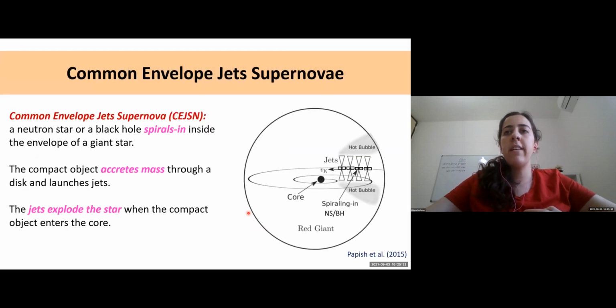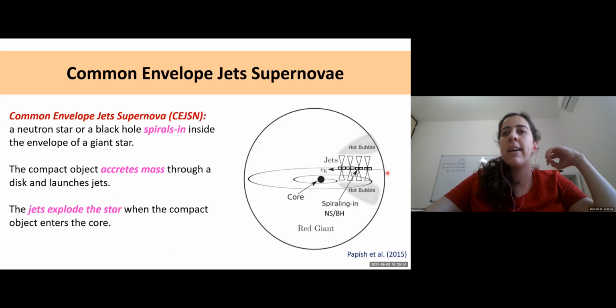So we believe that these neutrinos can be formed in a mechanism called common envelope jet supernovae, a system that Noam and Muhammad discussed earlier. Briefly, a common envelope jet supernova is an event in which a neutron star or a black hole companion is engulfed by a red supergiant.